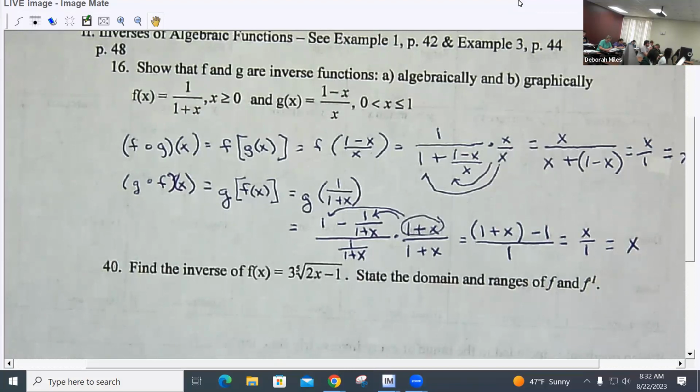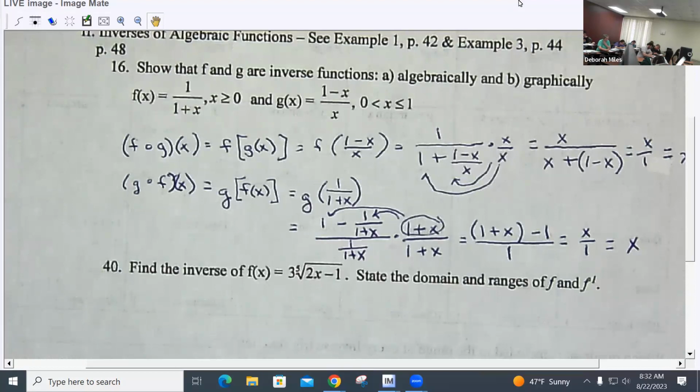You only want your x's to go greater than 0 here and between 0 and 1 here. So I really only want to look at x's between 0 and 1. I'll look at that part of the graph.